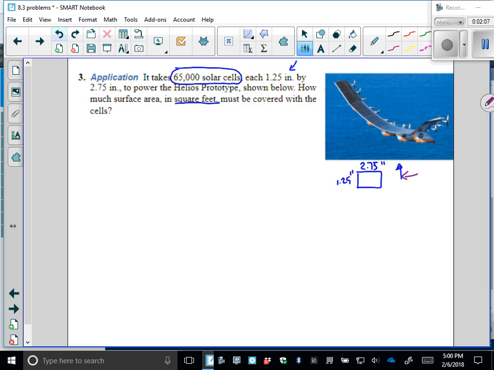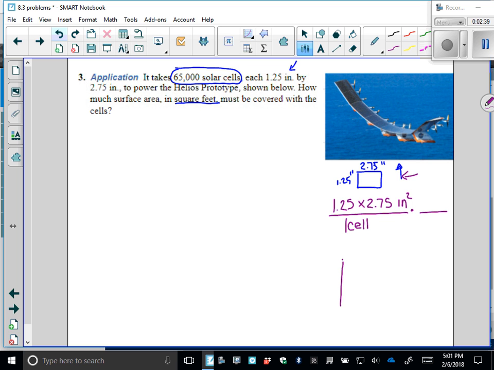So I know that I have 1.25 times 2.75 square inches for one cell. But I also know that I have to think about how many square feet that is. And this is where a lot of people make a mistake.